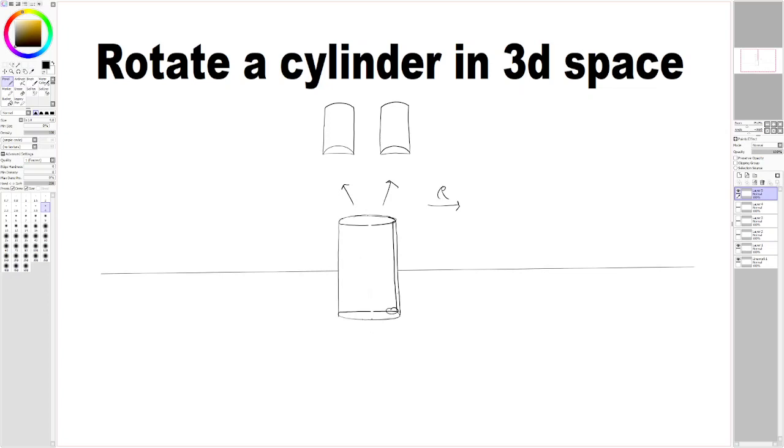So I'm going to rotate it more. And you'll see that the line is still right here. It's still behind. As we go, eventually you're going to reach a point where it's directly in front and directly behind.